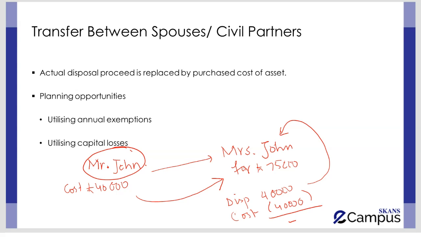So by giving away an asset from Mr. John to Mrs. John, she would be given an opportunity to deduct the available annual exemption against the future disposal of the asset made by Mrs. John, and thereby the taxable gain is going to be reduced, and eventually this would create a lower figure of tax liability. And there's another planning opportunity which spouses can have by making transfers of assets between them, and that is to utilize capital losses and to bring down the value of taxable gain and hence the figure of tax liability.